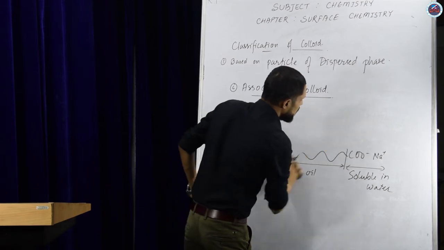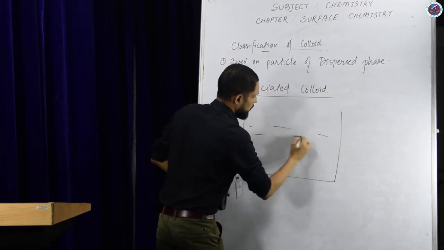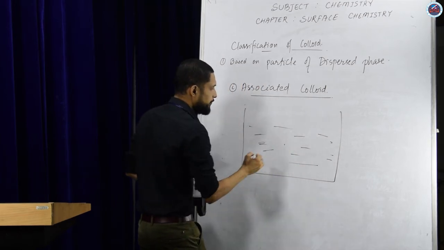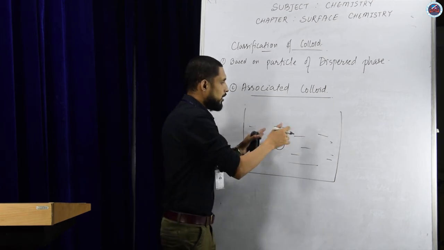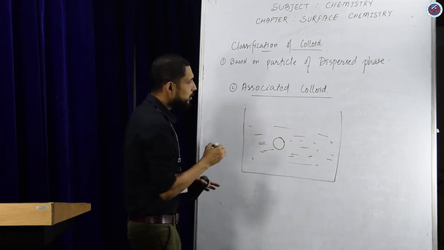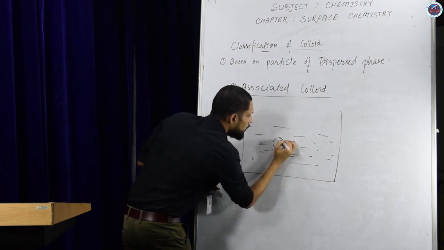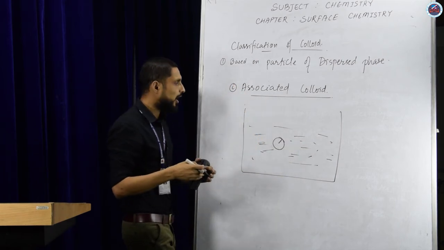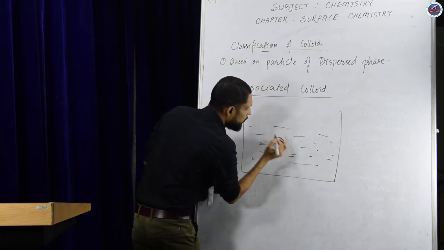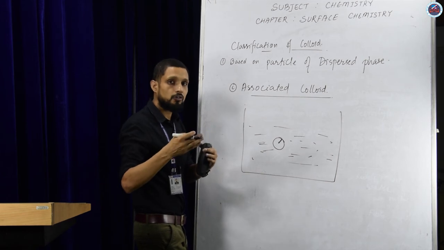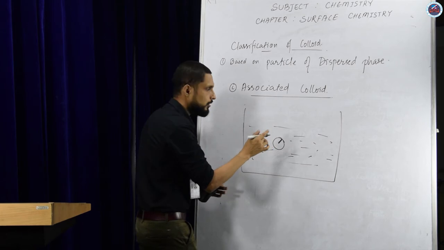Now let us take a dirt particle in this container containing water. So there is a dirt particle here. Now when we take the soap solution, the hydrophobic part gets dissolved in the dirt. Dirt is usually oil particle or grease. So the hydrophobic part, that is the non-polar end, the tail part of the soap, gets dissolved or soluble in the dirt particle.